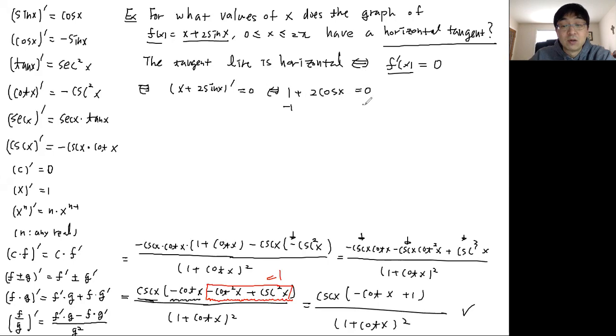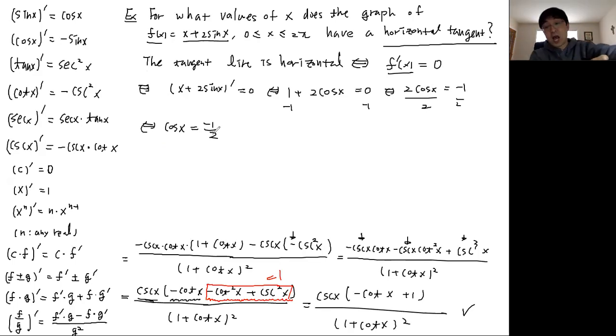Subtract 1 from both sides. So we have 2 cosine of x equals minus 1, divided by 2. So the cosine of x equals negative 1/2.